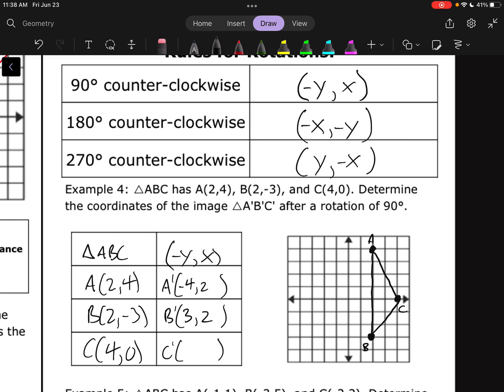We change the sign from 0 to negative 0, but that doesn't change anything. So it's just (0, 4). So let's see how that looks. We get (-4, 2). We get (-3, 2). And we get (0, 4). So A prime, B prime, C prime.